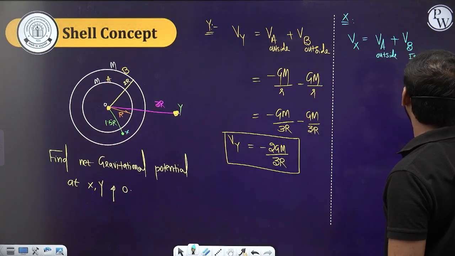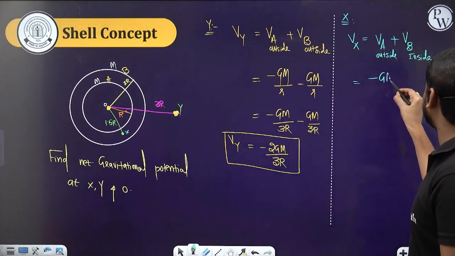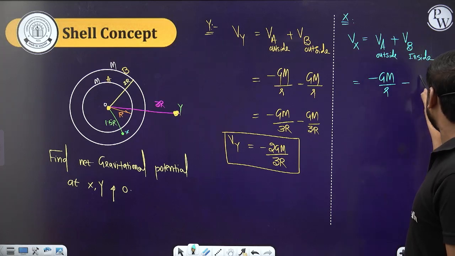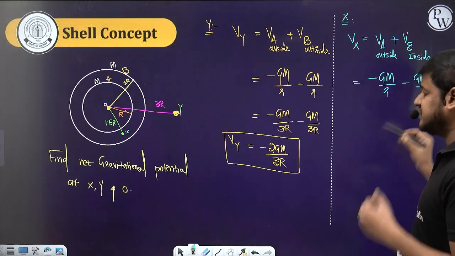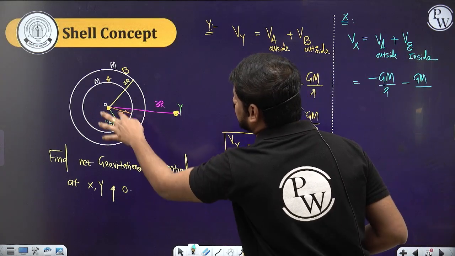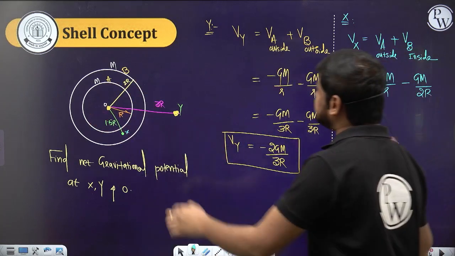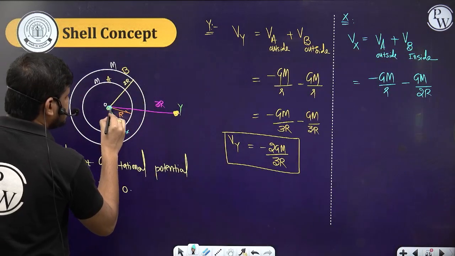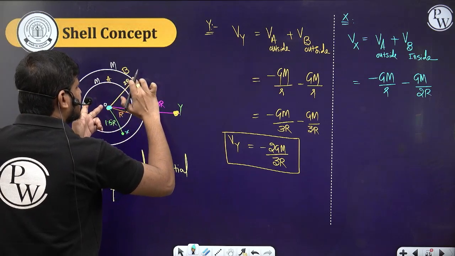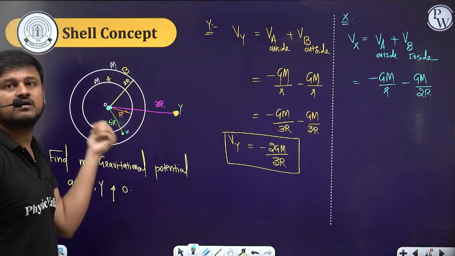Now you can write the answer. Outside formula: minus GM by r. And then inside: minus GM by the radius of that shell. What is the radius of this B shell? B shell has a radius 2r. For the B shell, from inside till here, the gravitational potential remains the same everywhere. How much? Minus GM by 2r for the outer shell.